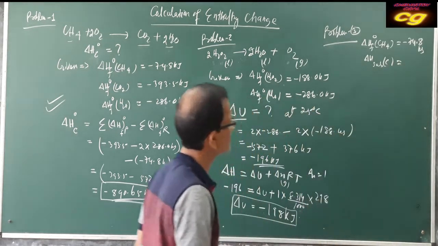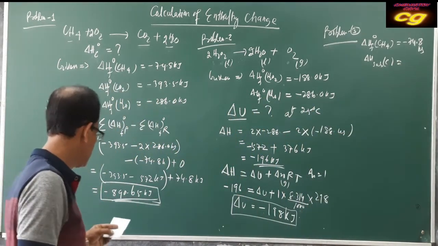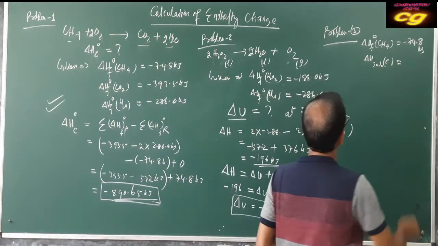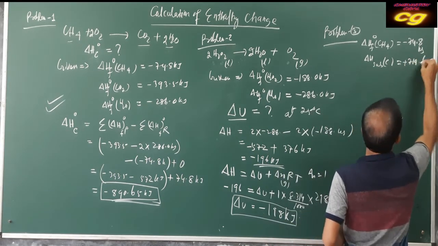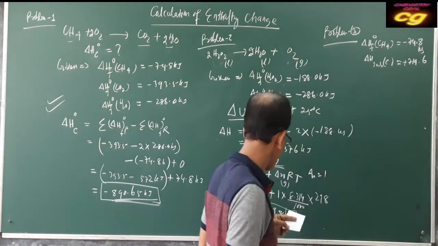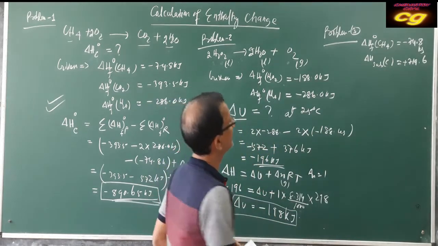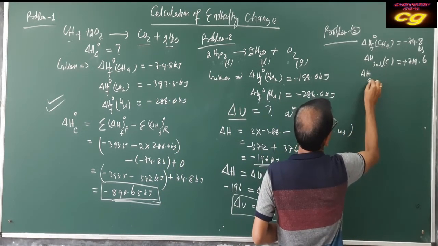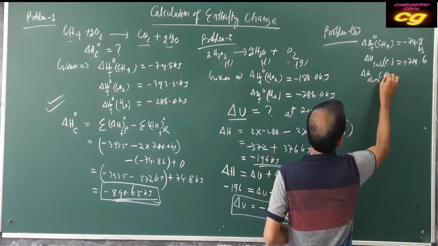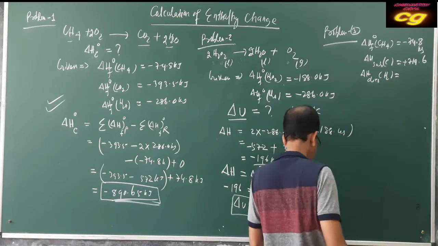And the enthalpy of sublimation of carbon. Sublimation of carbon means carbon is converted to gas. Sublimation of carbon is plus 719.6. And the enthalpy of dissociation of hydrogen is how much given?